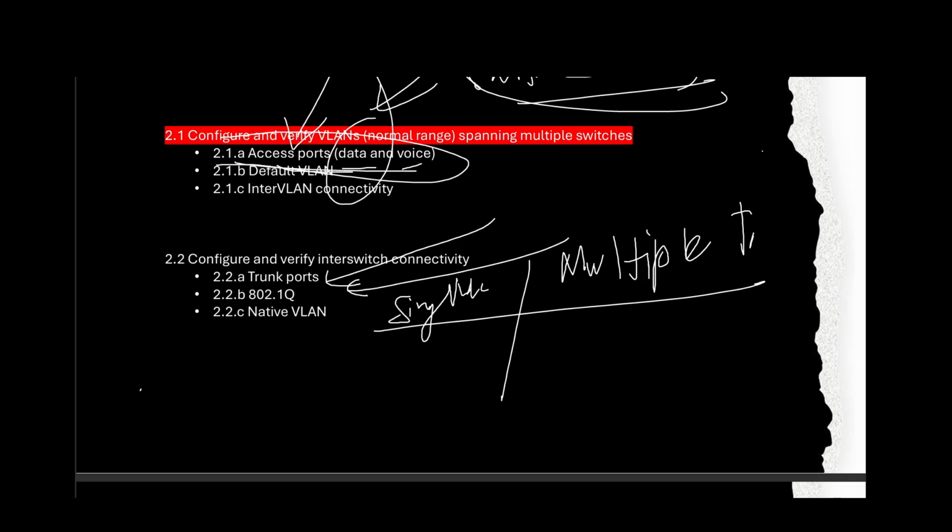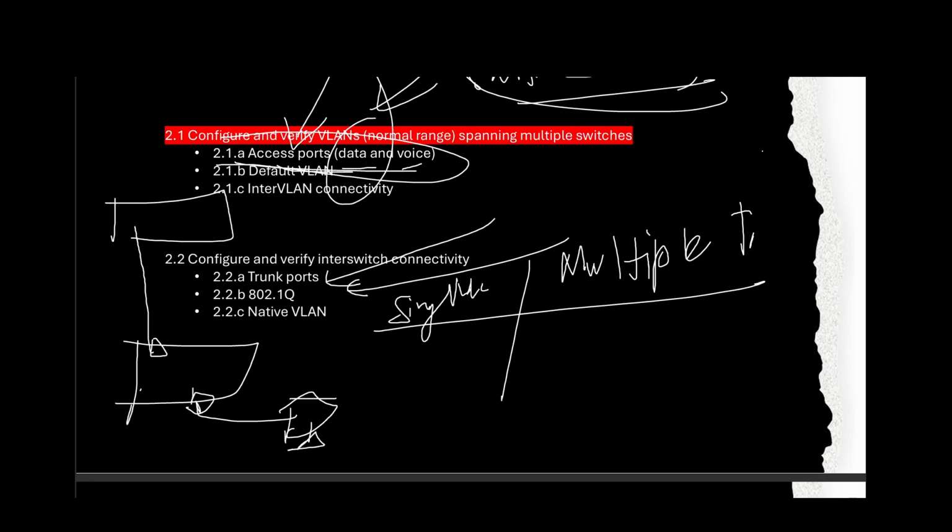So we set up a VoIP phone. This is your computer, and that computer will be connected to the VoIP phone, and the VoIP phone is what we connect to a certain switch. But that certain switch would only have a single Ethernet port, right?